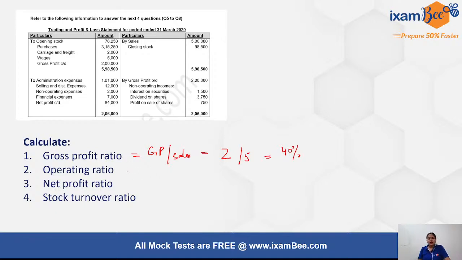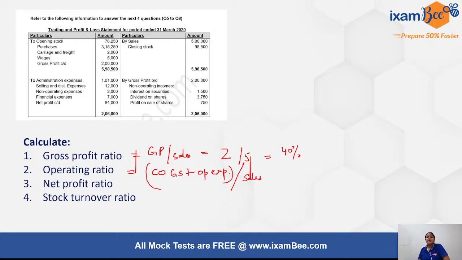So 1 minus operating profit ratio will give you operating ratio. So operating ratio is basically all the different expenses related to the cost of goods sold plus your operational expenses. So when you take all these expenses, you divide that by sales.